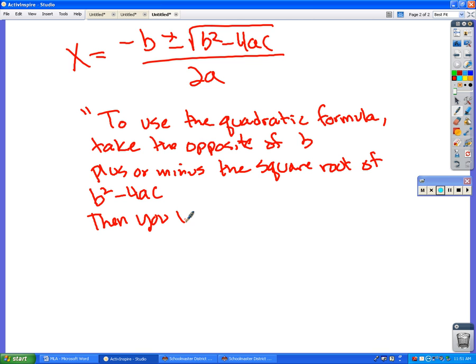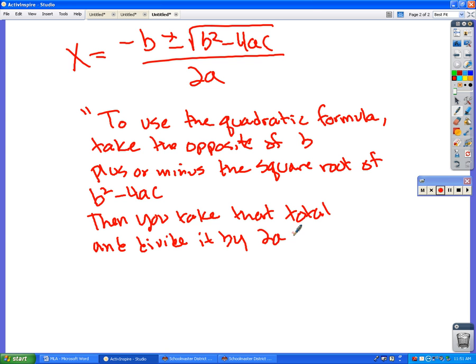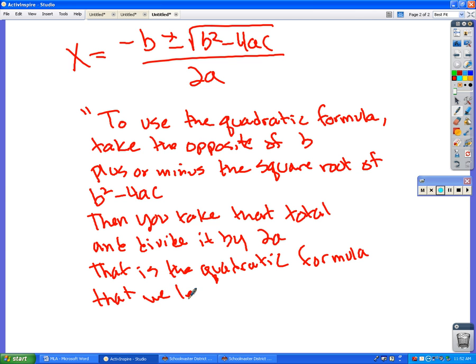Then you take that total and divide it by 2a. That is the quadratic formula that we learned in class today.